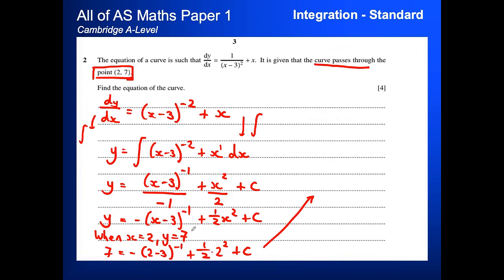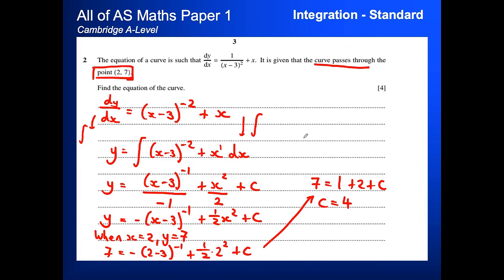And if we work this out, so 2 minus 3 is minus 1, 2 minuses make a plus, so we get 7 equals 1 plus 2 plus c. And it's a really straightforward equation to solve, so c is equal to 4.